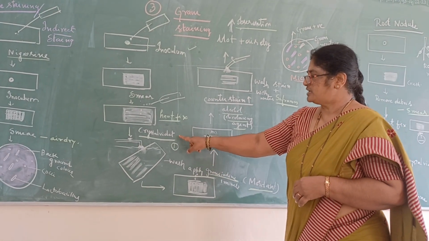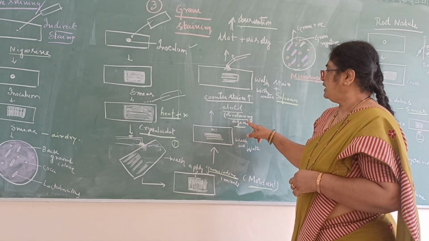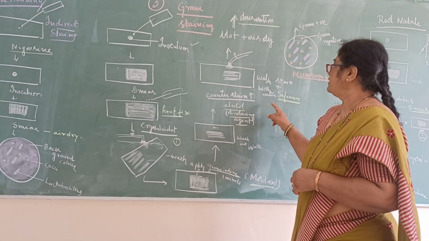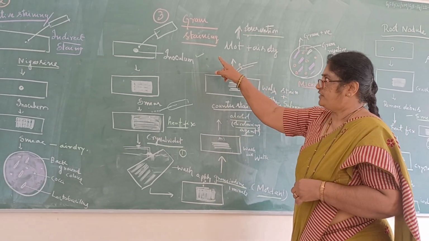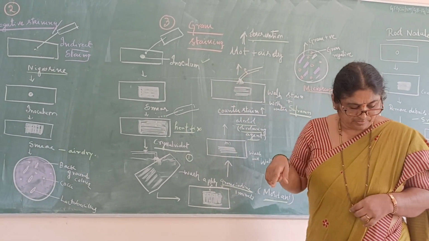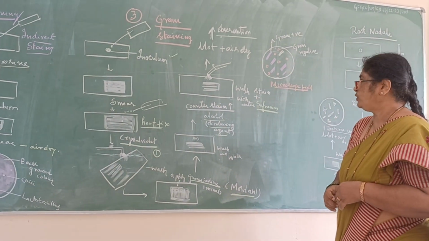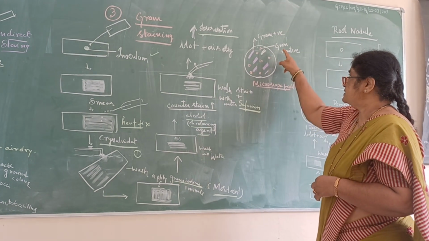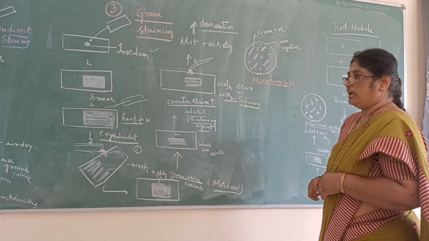We are using crystal violet, then the mordant, then the decolorizing agent alcohol, and then safranin as the counter stain. In this differential staining, when you observe after air drying, we can see two types of bacteria: gram-positive and gram-negative.